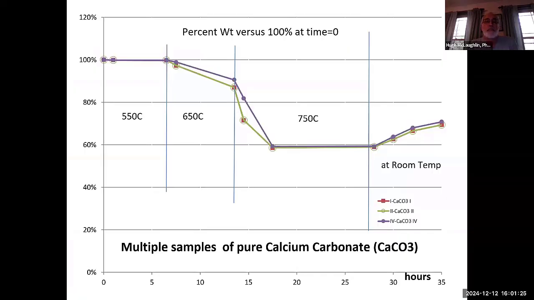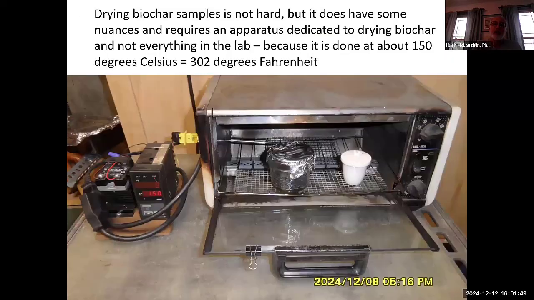So now we're going to do our ashing to remove the ash. We're done with the water. We got the water off, either with the modified TGA or otherwise. Let's go back and take a quick peek at that. This is nothing other than a toaster oven.